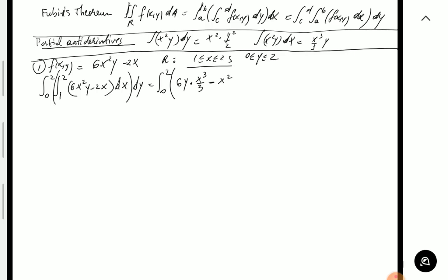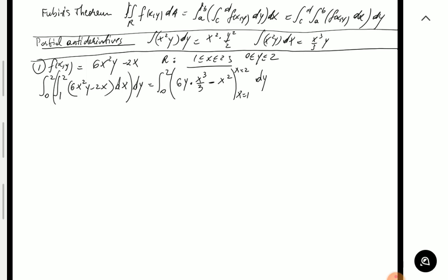Now you plug in the bounds of the integration, right? I like to indicate the bounds not just as 1 and 2, but as x equals 1 to x equals 2, to reinforce that the first integral was with respect to x.